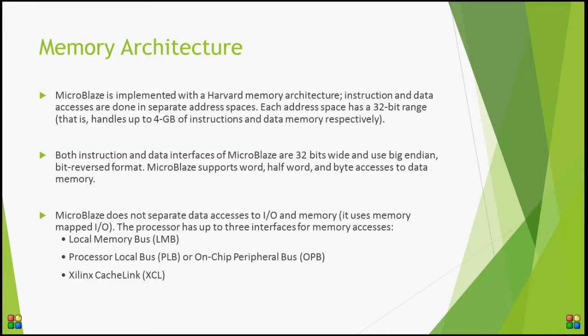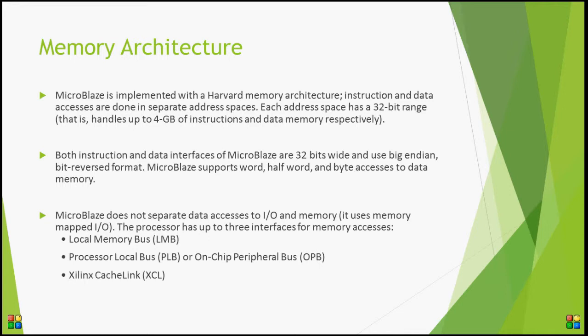Memory architecture. MicroBlaze is implemented with a Harvard memory architecture. Instruction and data accesses are done in separate address spaces. Each address space has a 32-bit range, that is, handles up to 4 GB of instructions and data memory respectively. Both instruction and data interfaces of MicroBlaze are 32 bits wide and use big endian bit-reversed format.